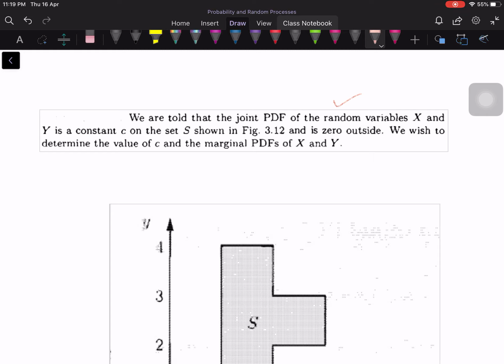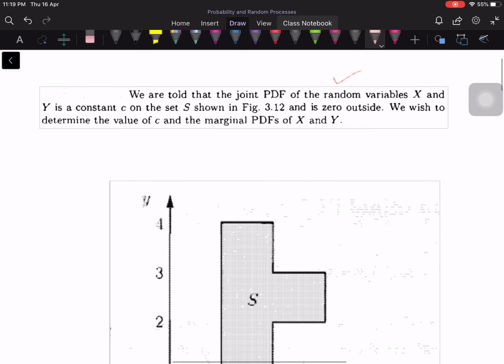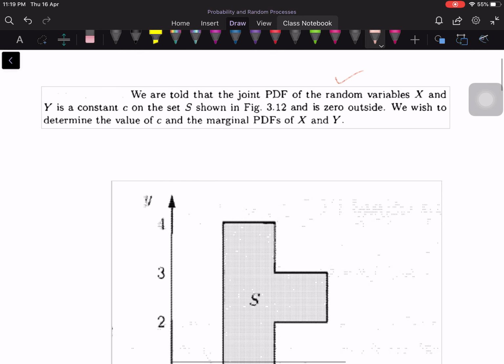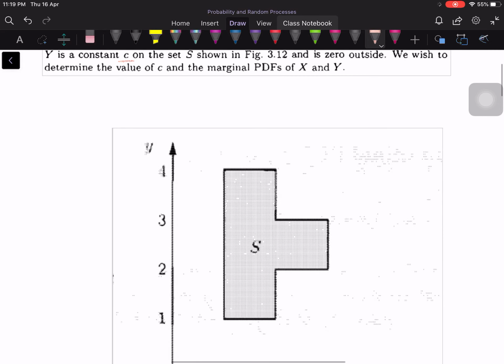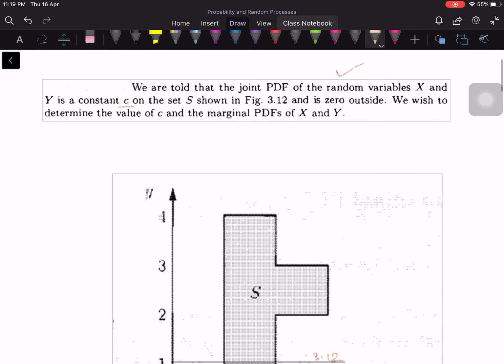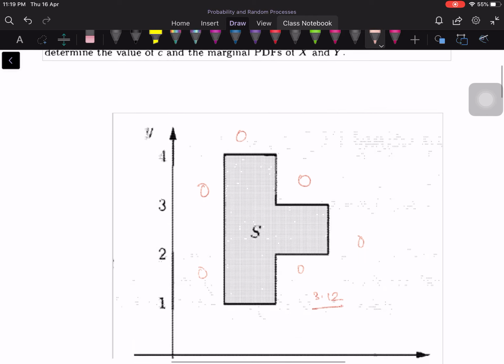It is available on the website, and you can go through this problem. We are told that the joint PDF of the random variables X and Y is a constant, c, on the set S shown in the figure, which is figure 3.12 in the textbook, and is 0 outside.